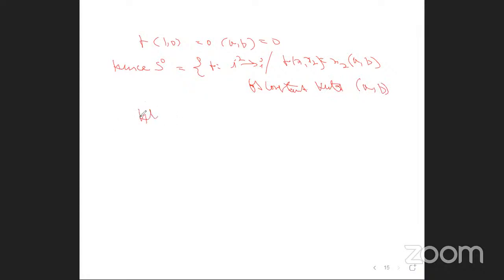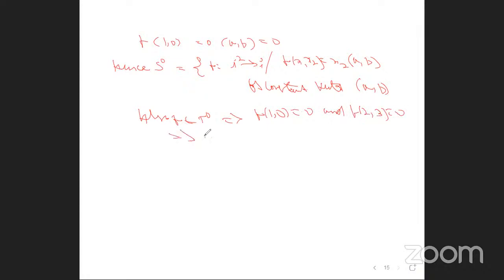So also f belongs to T naught. That implies f of (1, 0) equals 0 and f of (2, 3) equals 0.